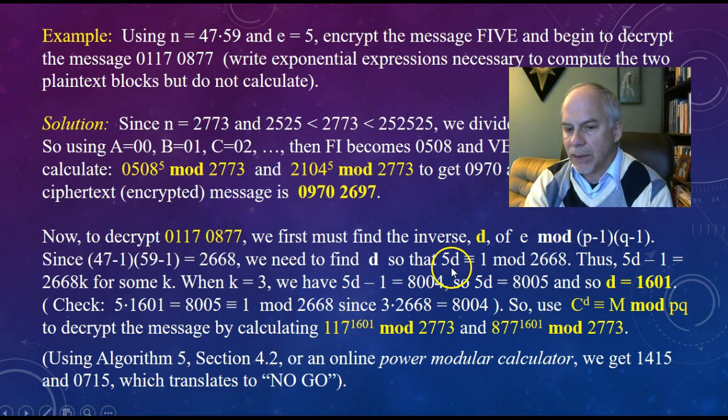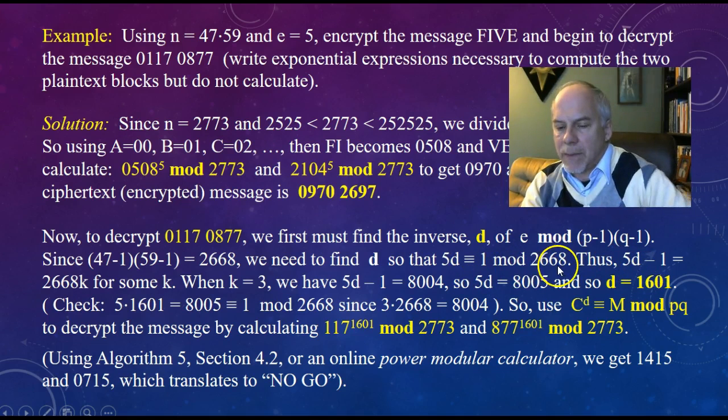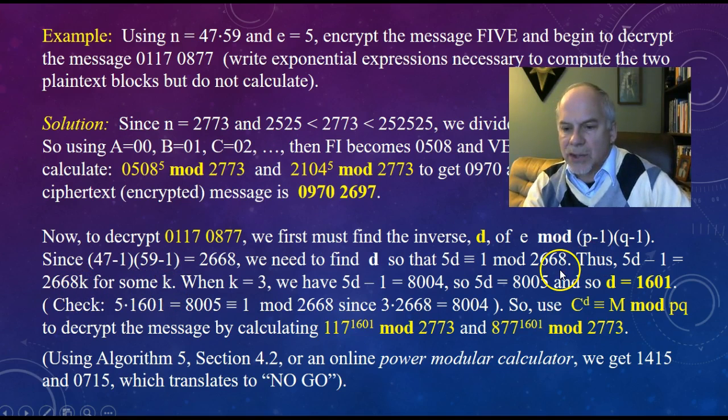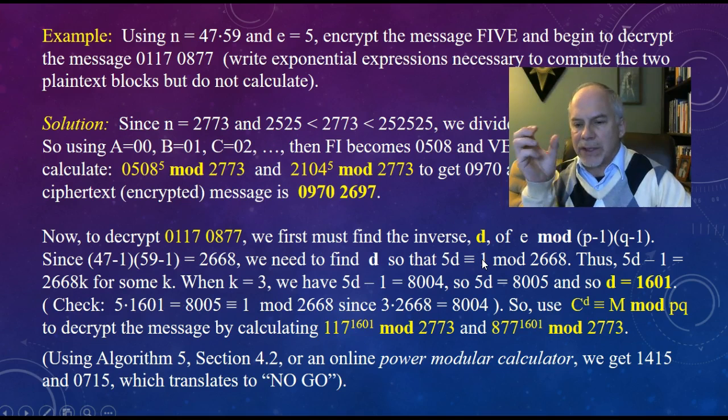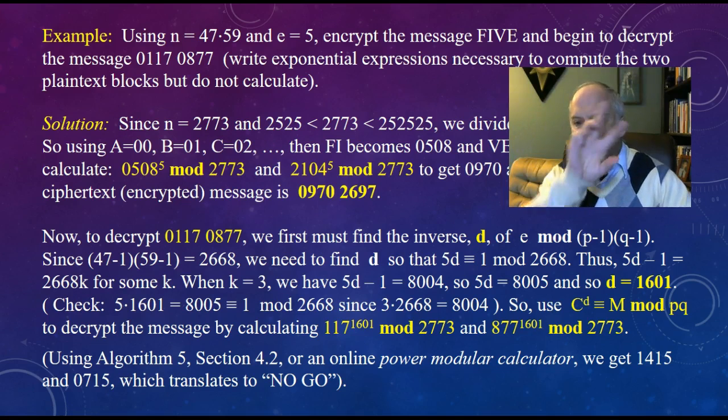This means that 5D minus 1 has to equal 2668K for some K. 2668 is the mod, and it divides the difference of the two things that are congruent.